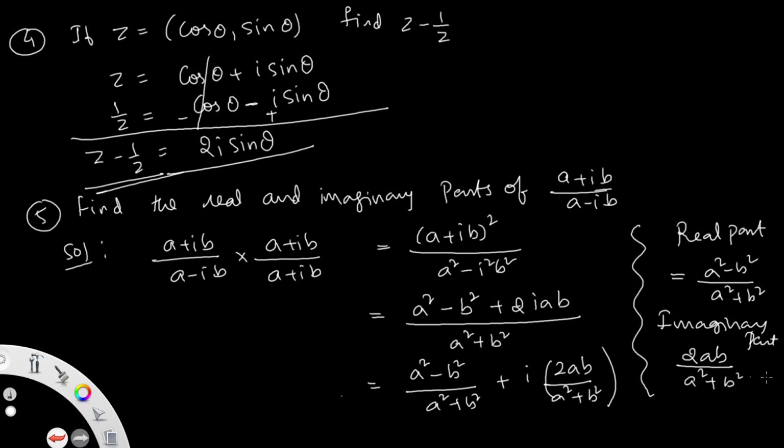Next, question number 6. Find the multiplicative inverse of 7 plus 24i.